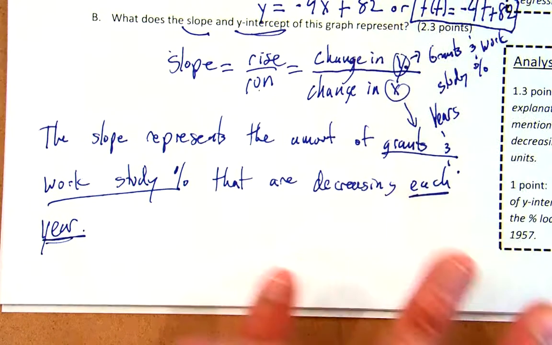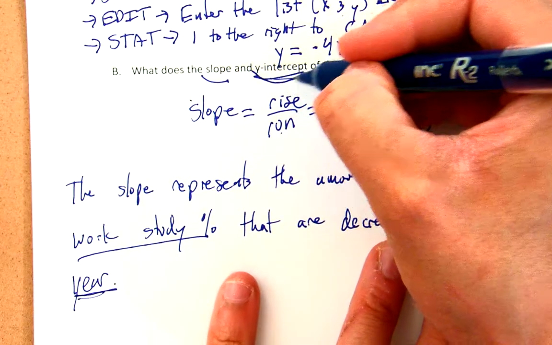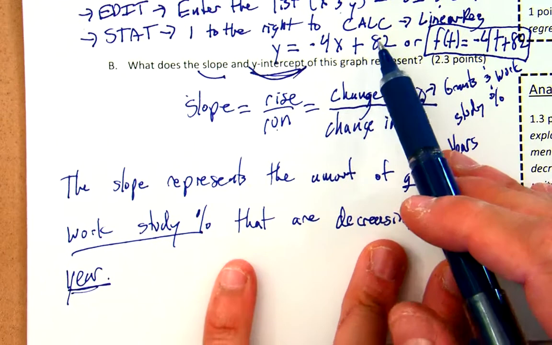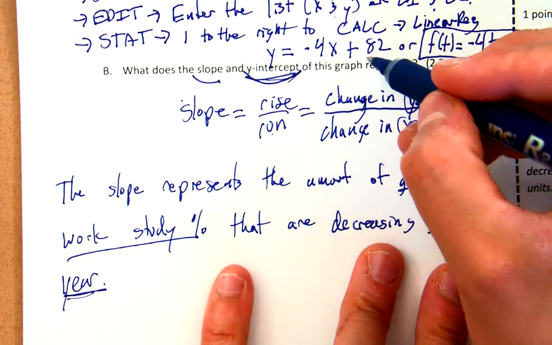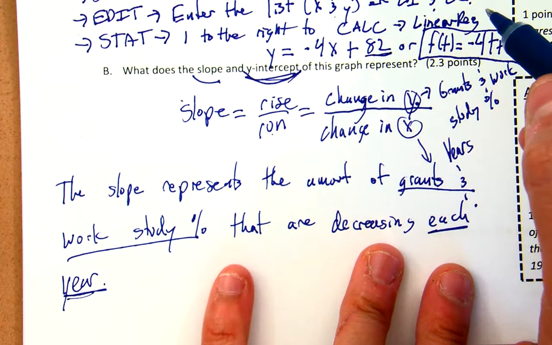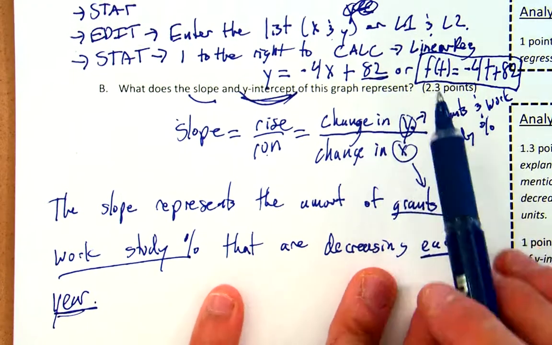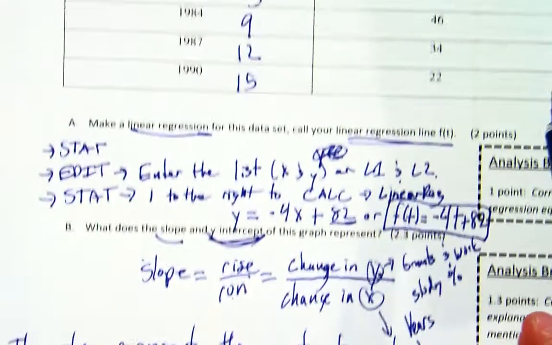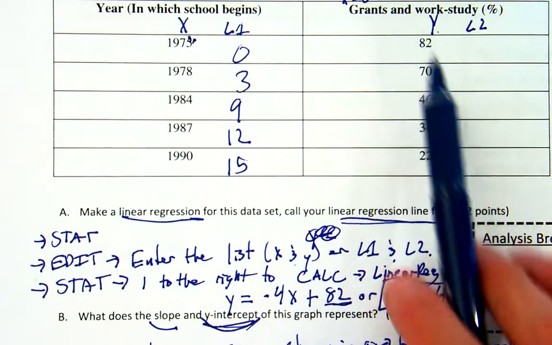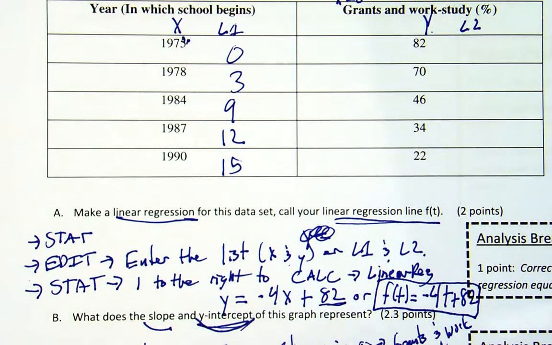And finally, the y-intercept. The y-intercept is what? In this case, it is 82 here. So knowing that this is 82 and looking at our data here, what does the y-intercept mean?